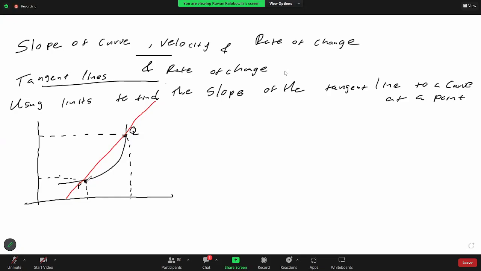I define a point called P, but here I define another point as Q. Then I will bring that Q point really, really near to the P. So what happens here? Let's define the values for this. This is x naught.